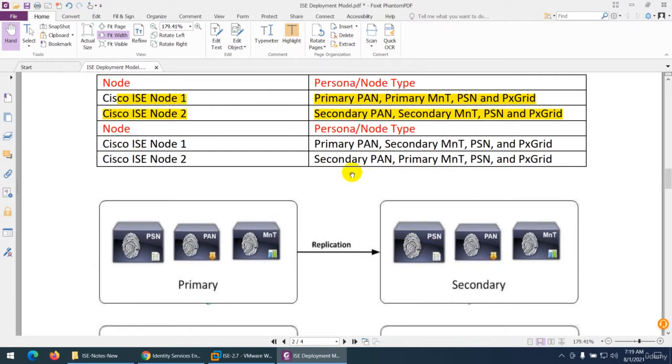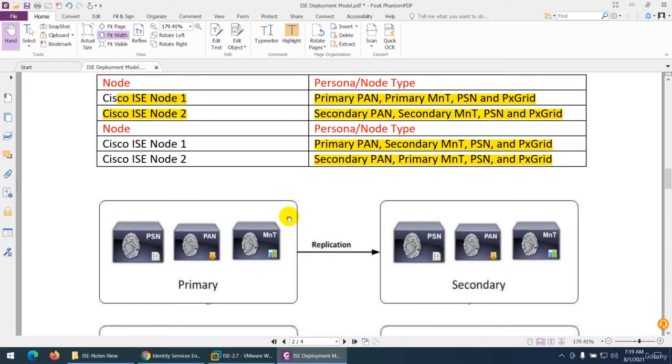Now you can do it this way as well. One box plays primary PAN but secondary MNT with PSN and pxGrid personas. Now the second node plays secondary PAN and primary MNT with PSN and pxGrid. You get what I'm saying?